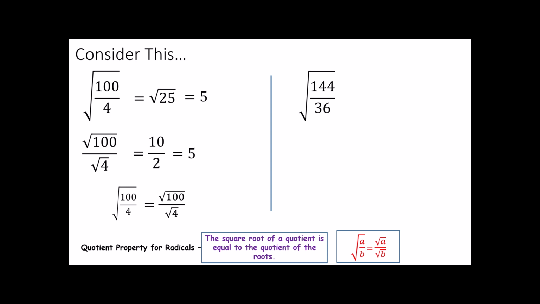Here's another example of this, just to clarify and make sure we're all on the same page. The square root of the fraction 144/36 is the same as the square root of 4. 144 divided by 36 is 4. We should do the division first using order of operations, and we know the square root of 4 is 2.